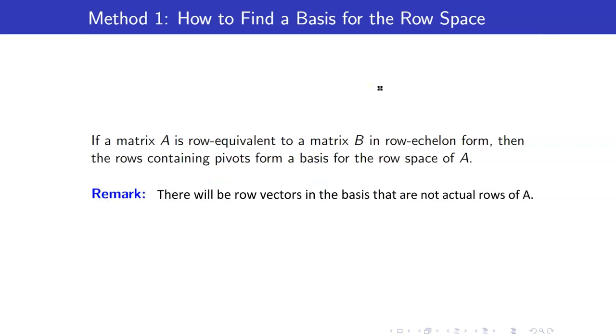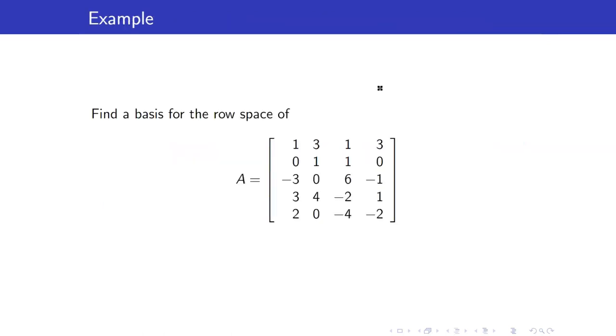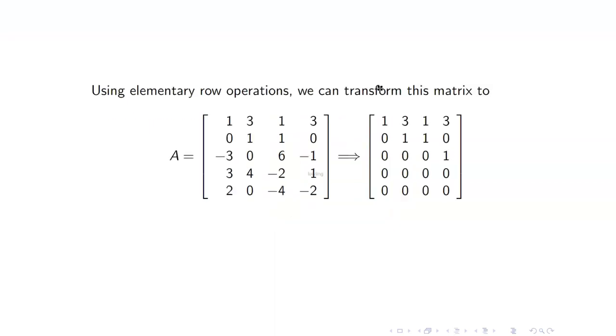Note, however, that not all basis elements obtained using this method will be rows of A. For example, let us look at this A over here and we want to find a basis for the row space. First step, we have to get its REF. You can verify that this matrix is row equivalent to this matrix.